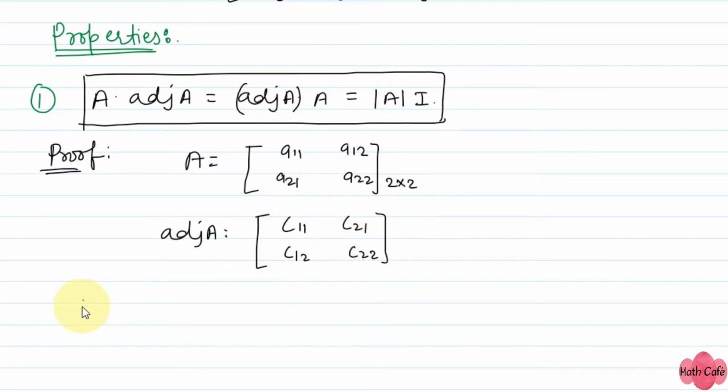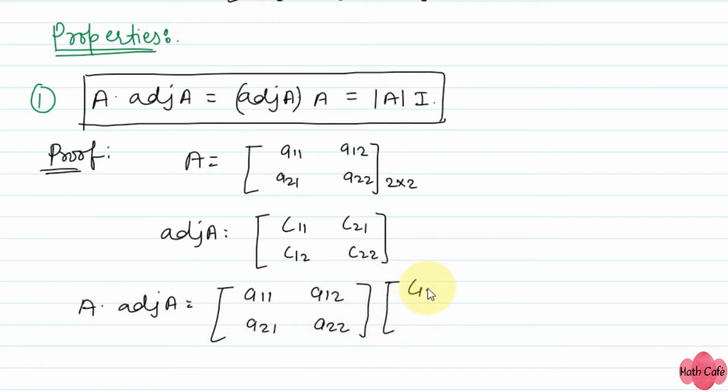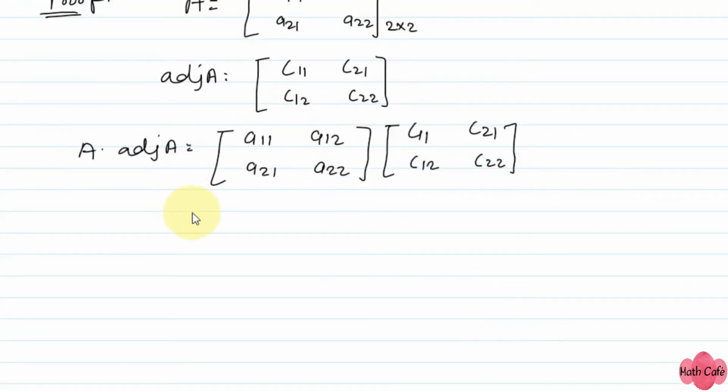And we will multiply A by adjoint of A. So finally we will get A11, A12, A21, A22 multiplied by C11, C12, C21 and C22. Alright, so we will multiply these two matrices by row-column multiplication.